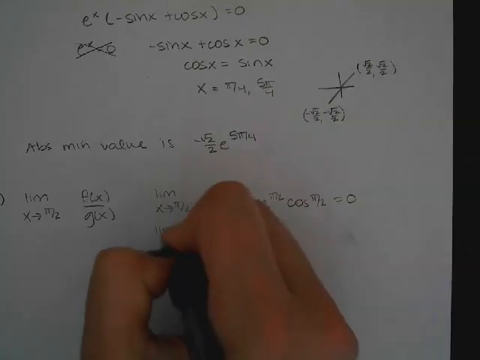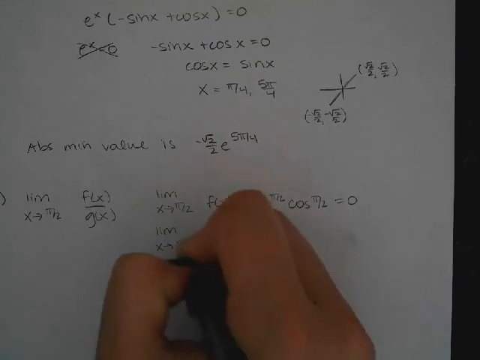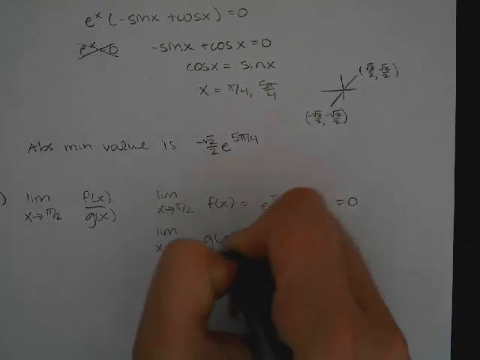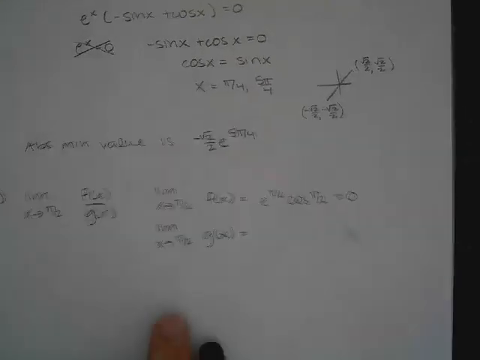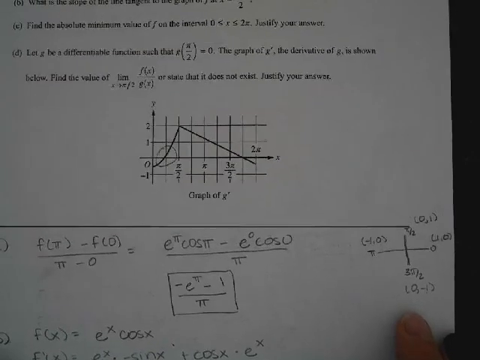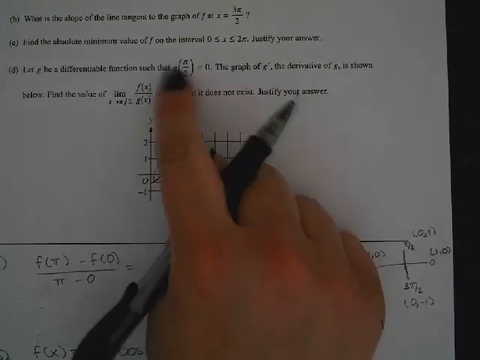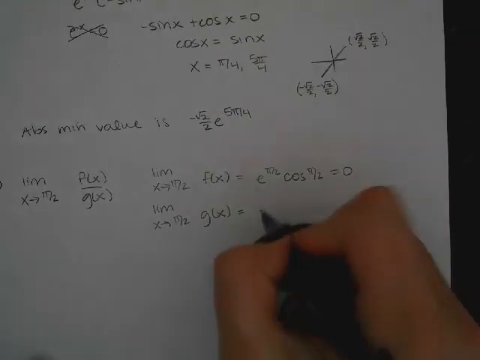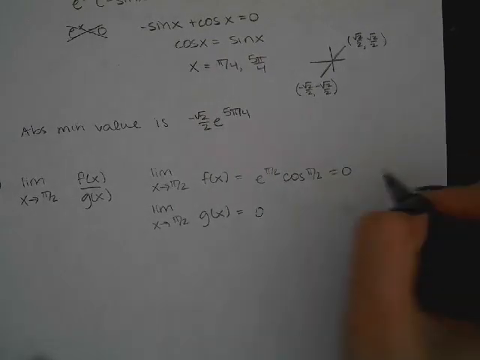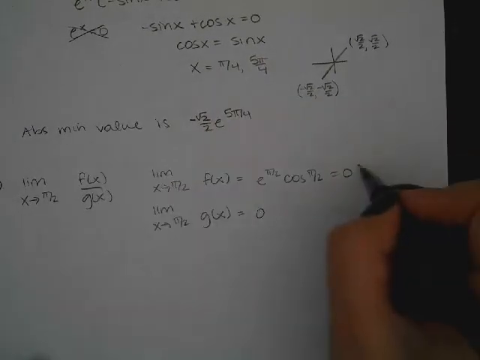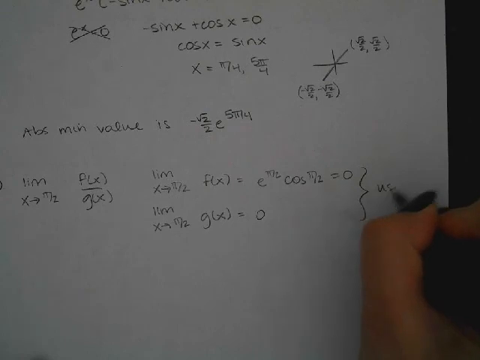And then the limit as x goes to pi halves of g of x, and they gave this to you on the front. G of pi halves is 0. So that equals 0 as well. And since they both equal 0, you have 0 divided by 0, which means we're going to use L'Hopital's.